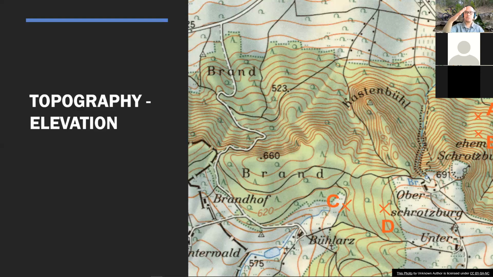So the green can transition into very bright yellow for higher elevations. Much like this, so darker shades represent the lower elevations, and then the lighter shades represent higher elevations.